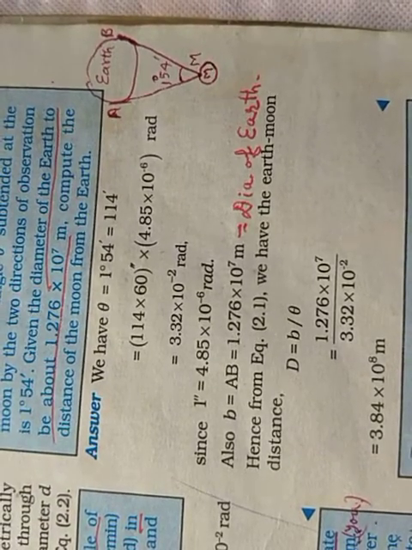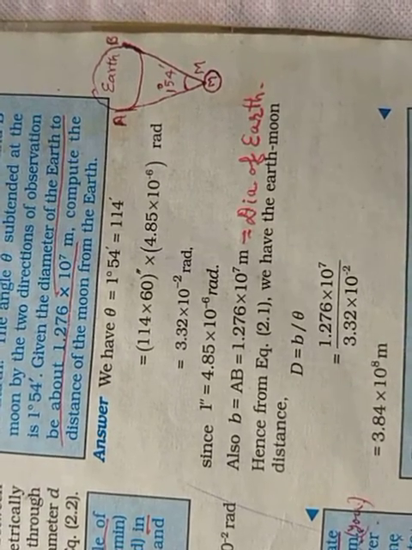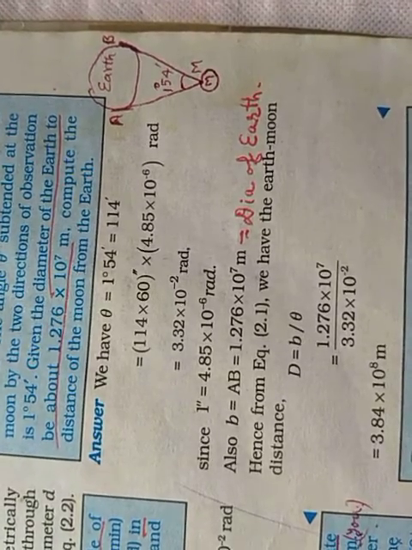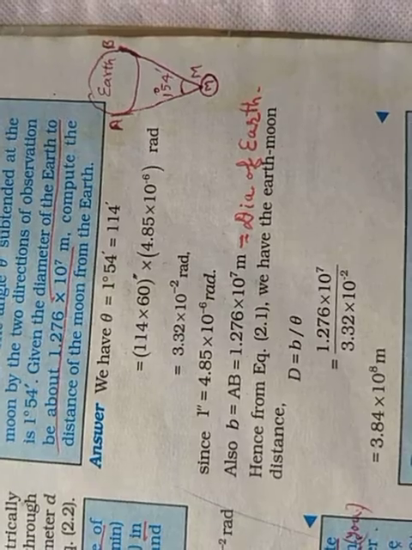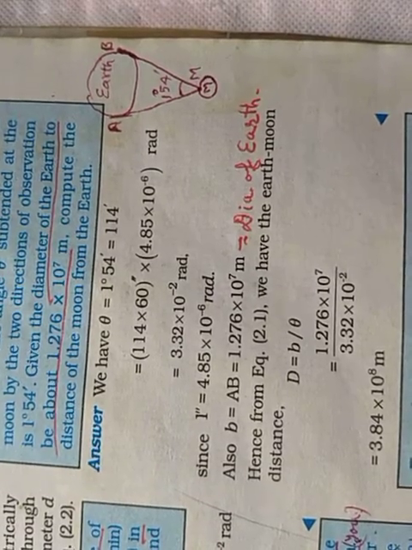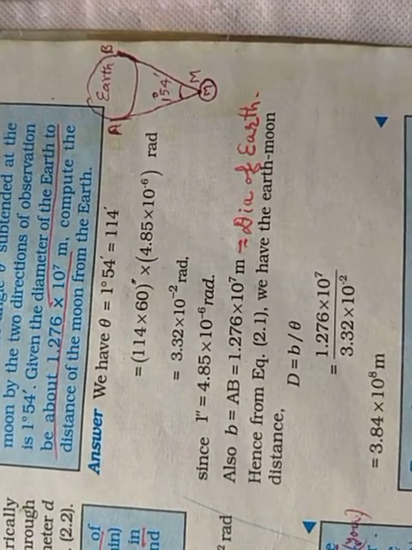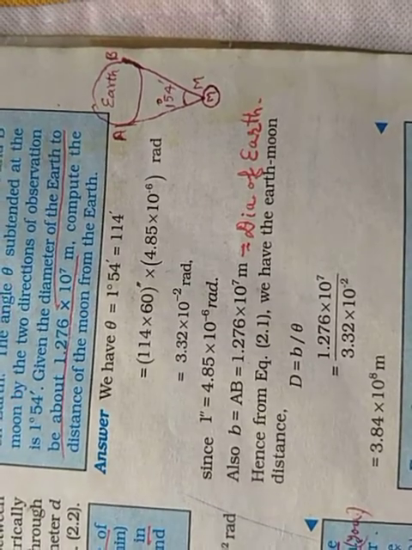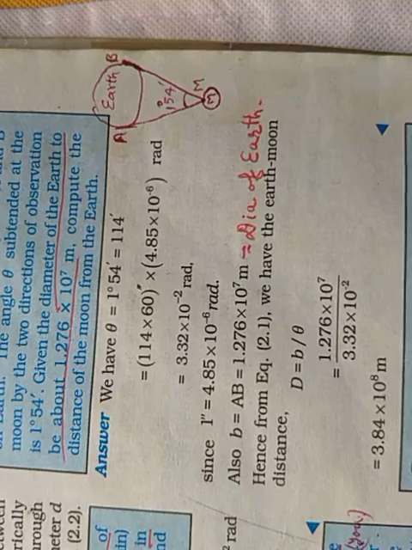So we get the distance of moon, that is capital D, is equal to the diameter of earth divided by the angle subtended by the two directions from earth on the moon.